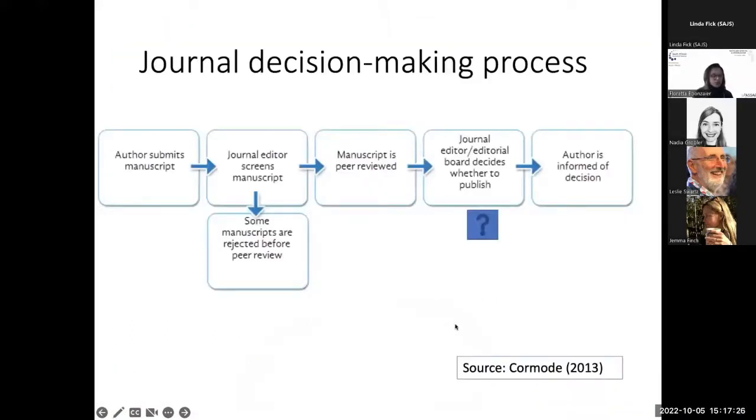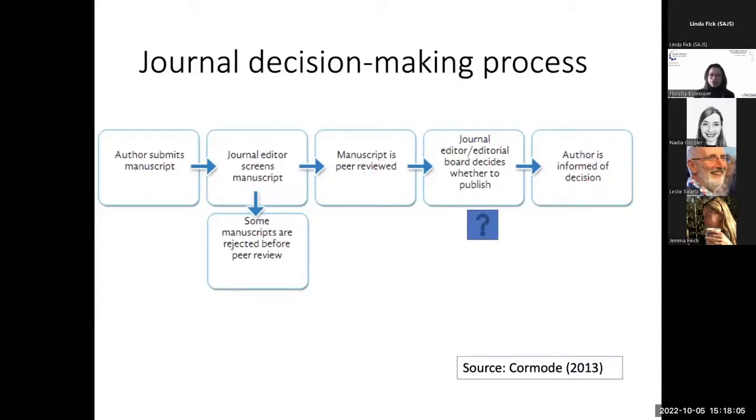As has already been indicated by previous speakers, this is just an illustration of the decision-making process as far as receiving articles for publication and managing the peer review process. So the author submits, there's an initial screening process where journal editors screen and make a decision on whether this manuscript should go for peer review or whether it should be desk rejected.